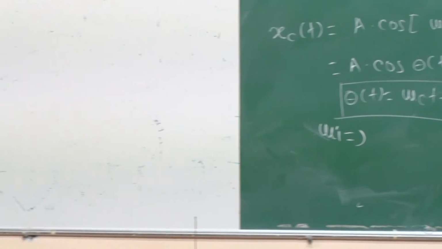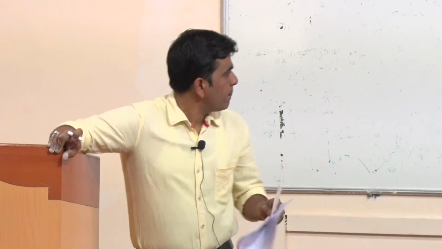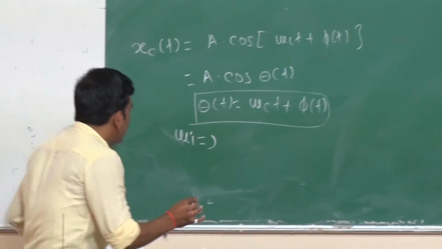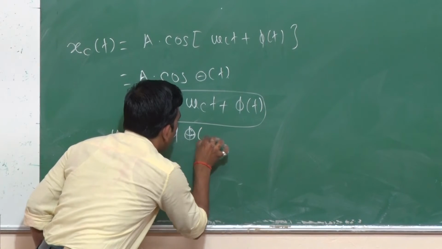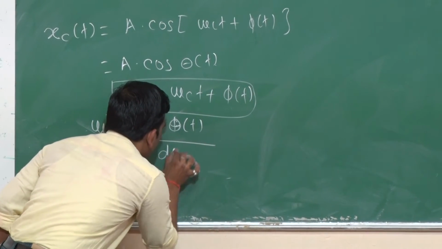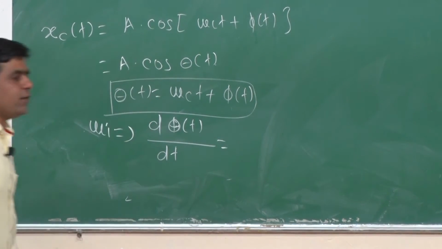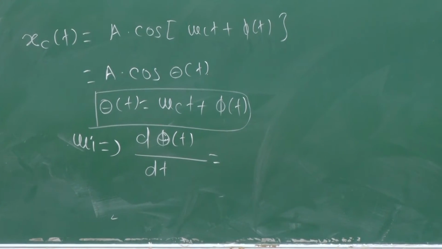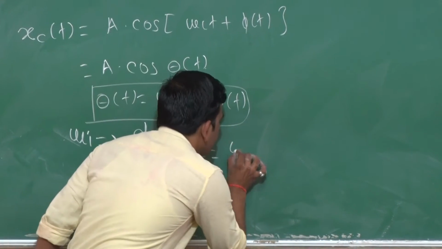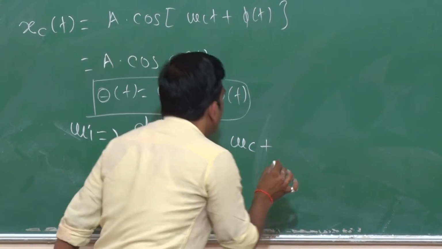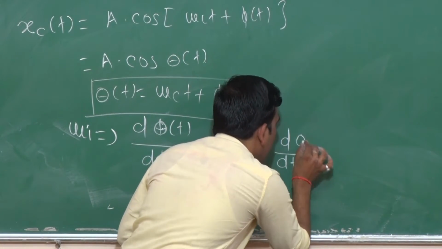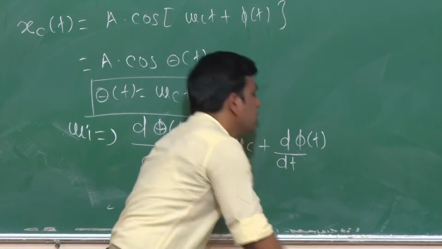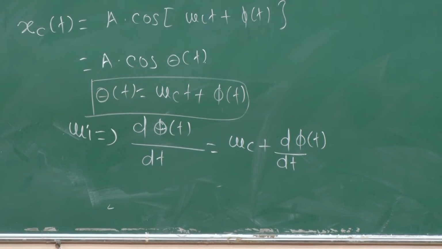Omega_i is the instantaneous radian frequency, which is equal to the derivative of theta(t). This will be given as omega_c plus phi dot of t.